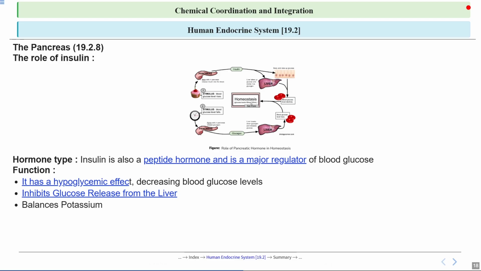It balances potassium. This is very important for maintaining proper nerve and muscle function, as well as regulating blood pressure. Okay, so the kidney plays a key role in this process by adjusting the amount of potassium excreted in the urine based on the body's needs.